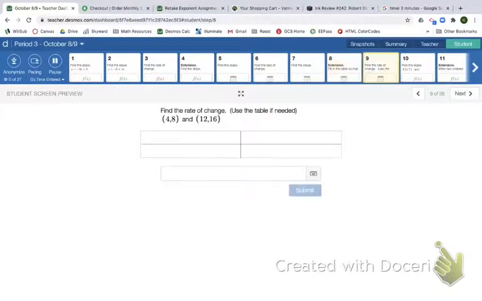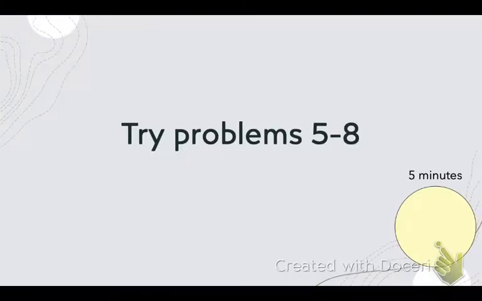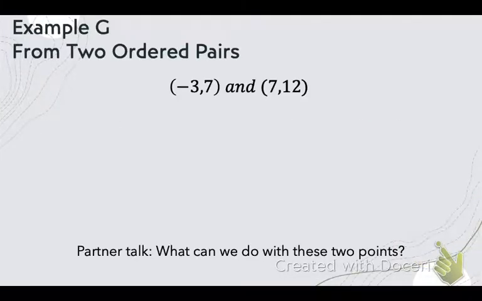So let's go on into the next section, which is how to find the slope from two ordered pairs. I think the easiest way to do this, and in this case, example G, we have an ordered pair of negative 3 and 7, and the ordered pair of 7 and 12, is to put it into a table. So on my left, I'm going to have my x values, and on my right, my y values.